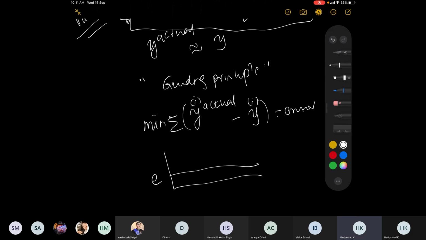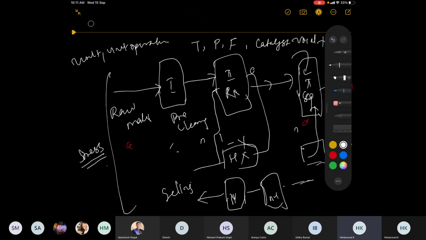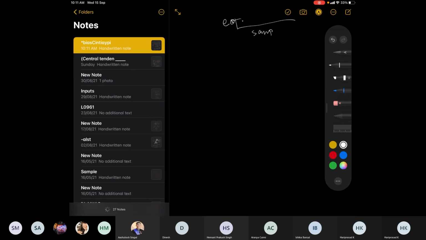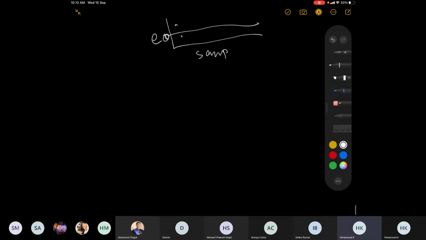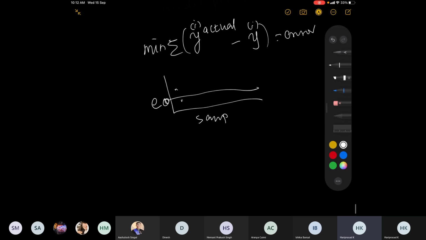So generally, when you plot the error with respect to sample, some part of the error may be positive, some negative. Let's say this is the zero line. If y actual is more than y, then the error will be positive. If y actual is less than y, for that particular sample the error would be negative.